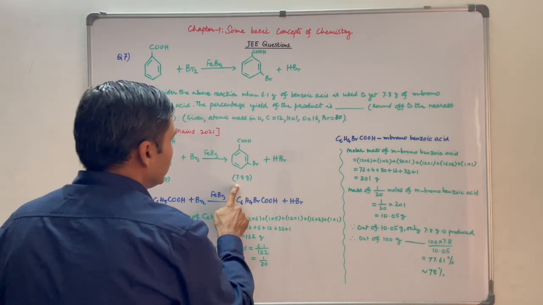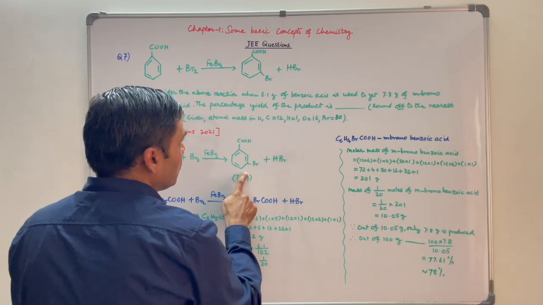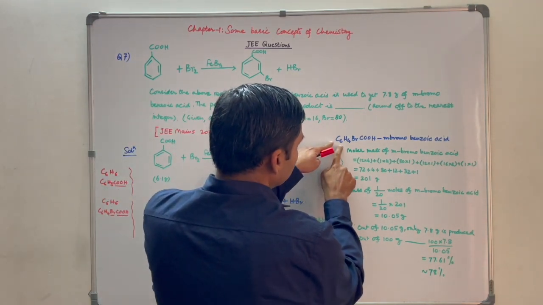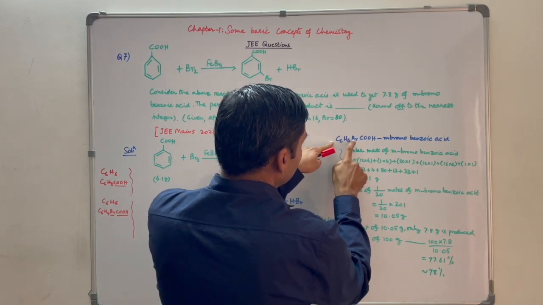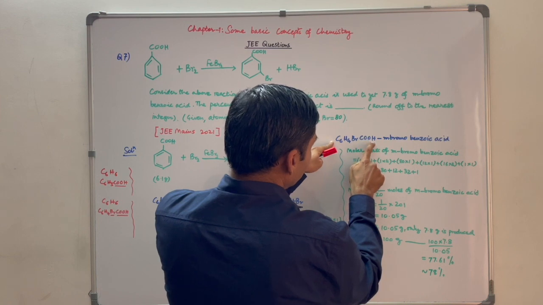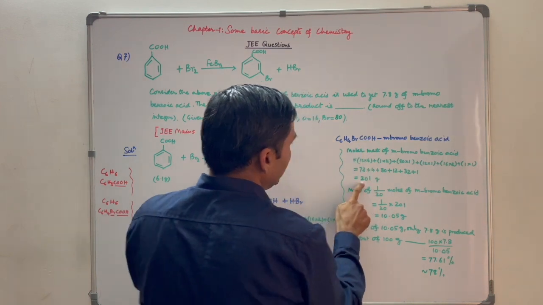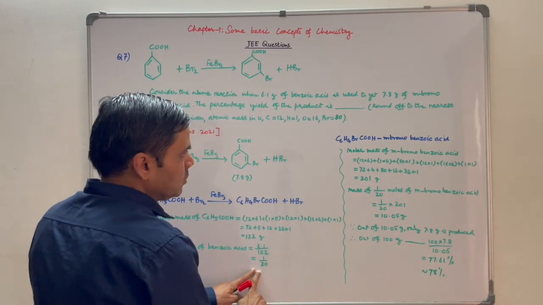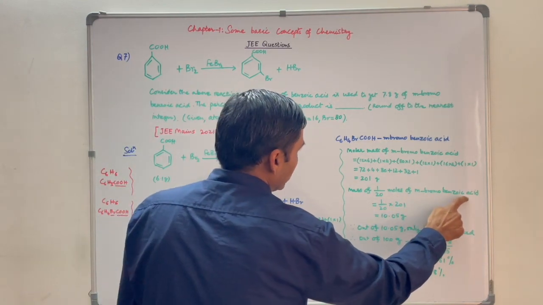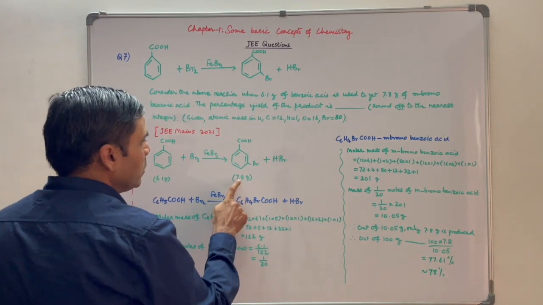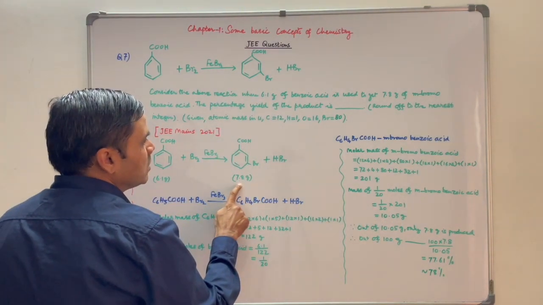So let us calculate the molar mass of M-bromo-benzoic acid, and that will be equal to 12 into 6 plus 1 into 4 plus 80 into 1 plus 12 into 1 plus 16 into 2 plus 1 into 1, and that will come out to be 201 gram. So mass of 0.05 moles of M-bromo-benzoic acid should be 10.05 gram, and you see only 7.8 gram is produced.